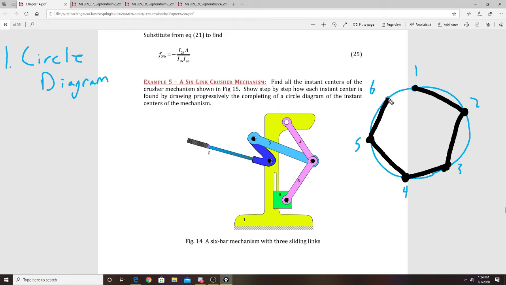Now, what about 6-1? Anybody want to take a shot at this one? So this right here is pretty clearly a slider, right? I think everybody can see, this thing slides up and down inside of this channel. So what does that mean, right? So we would have to go to our rules, which I have open somewhere in here.